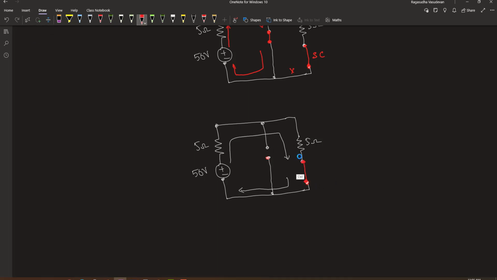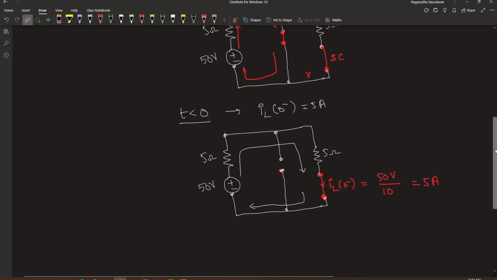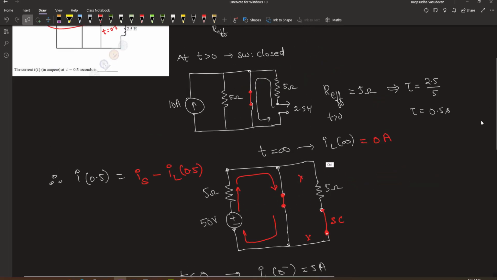So, just before the switch is closed, the current that passes through this will be IL0 minus, which is equal to 50 volt divided by 10 ohm. This is 5 ampere. Before the switch is thrown, when t is less than 0, the current through this inductor is equal to 5 ampere, and after the switch is thrown at steady state, this current is equal to 0 ampere.